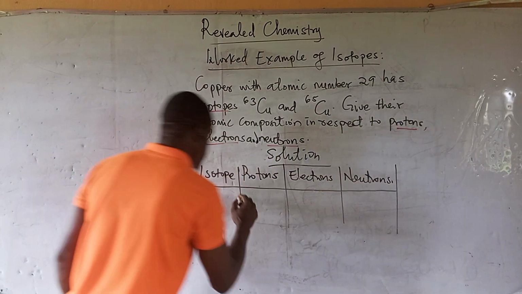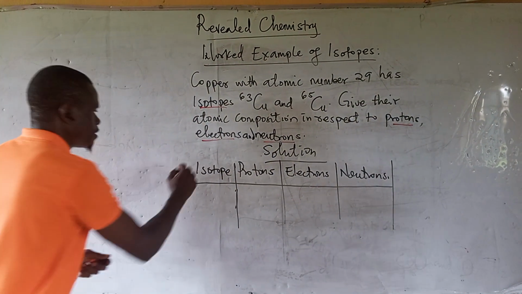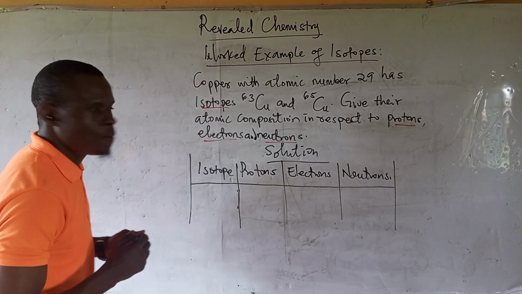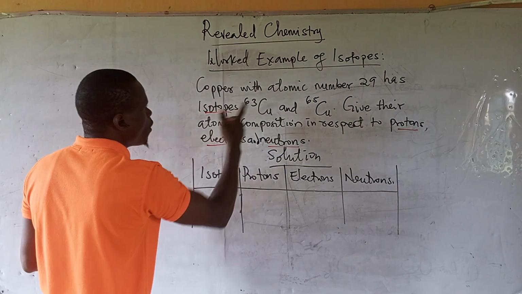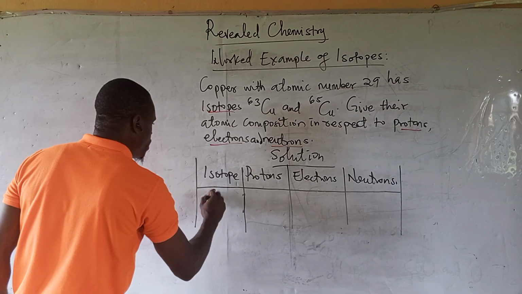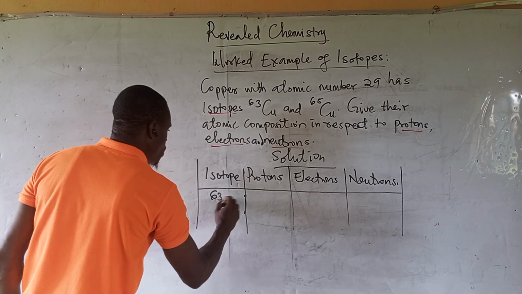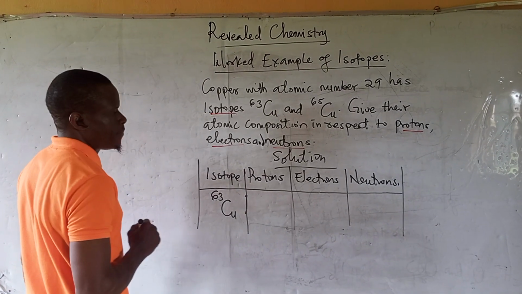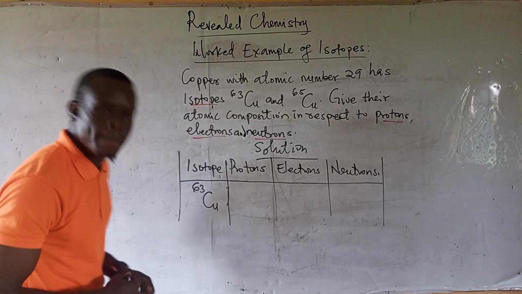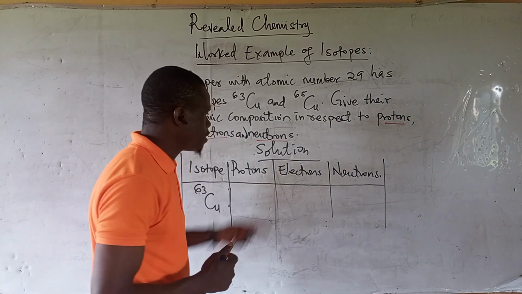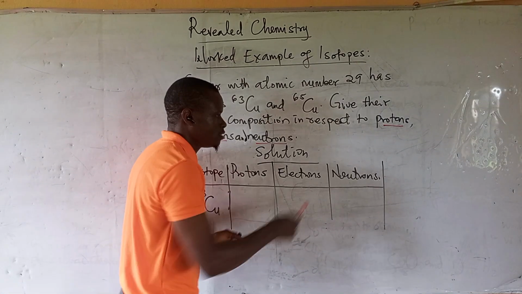We have prepared the table. Isotopes of copper: you have 63 copper, and we look for the protons, electrons, and neutrons.